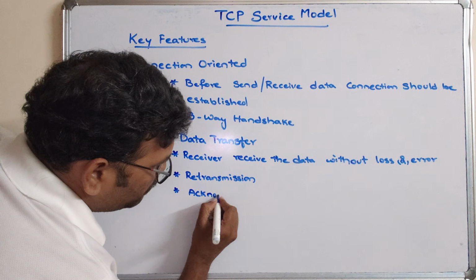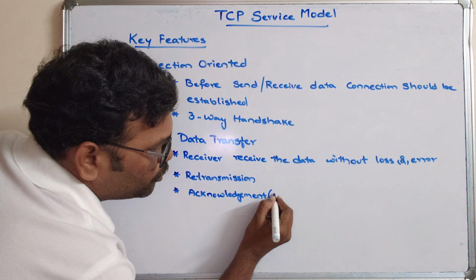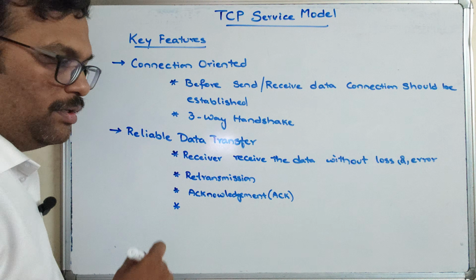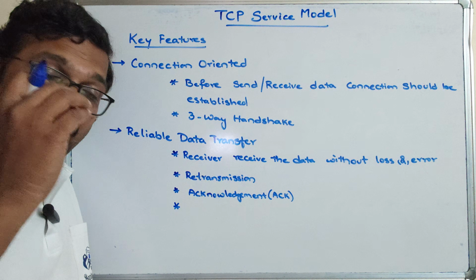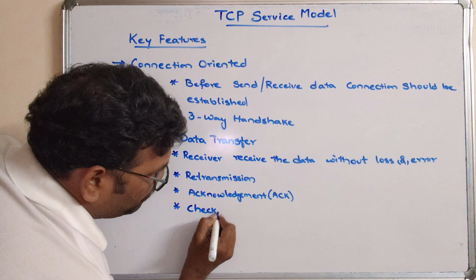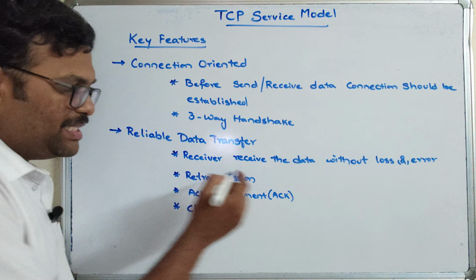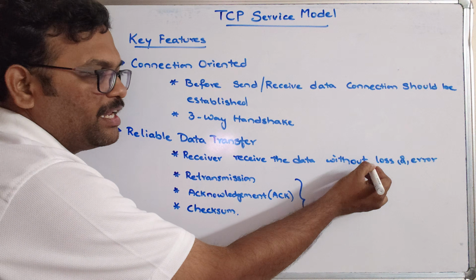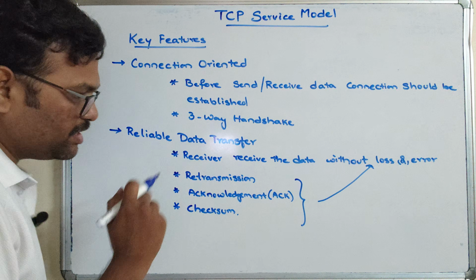Through acknowledgements, usually called ACK. And another one, checksum. We need to know whether there is any error in the received data or not, and for that we use a checksum. These three are mainly used to send the data without any loss or error. Okay, this is the second one.